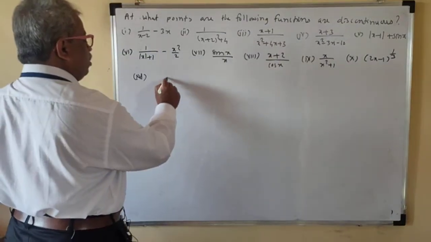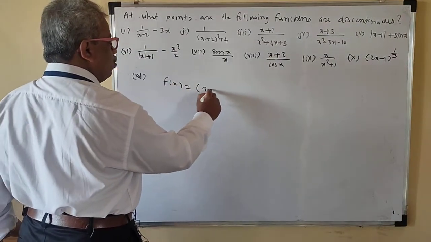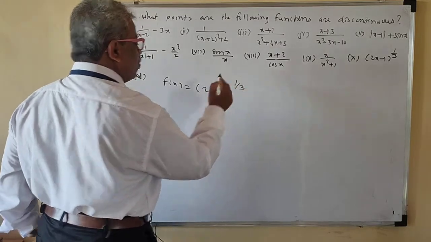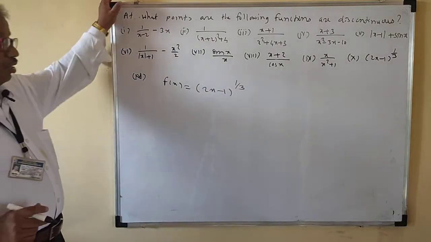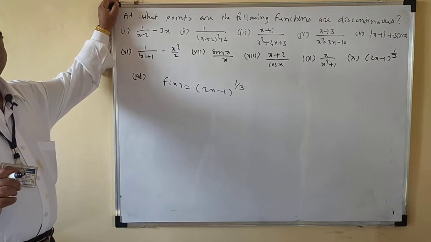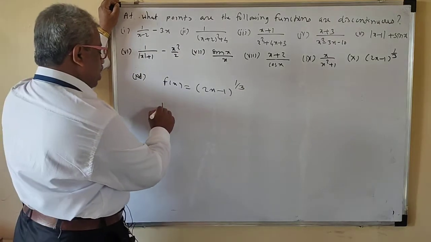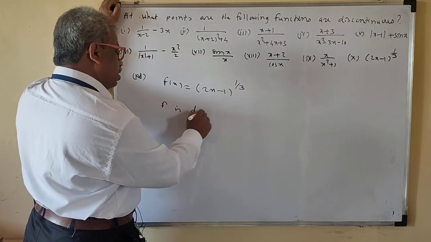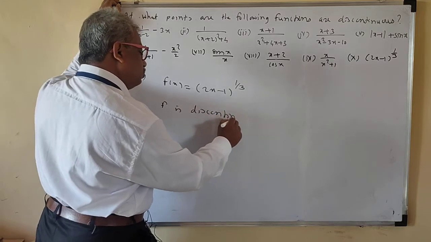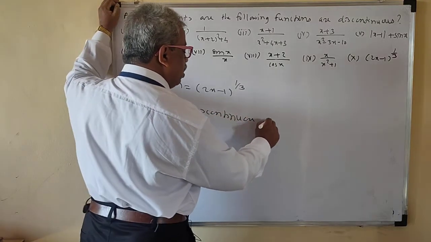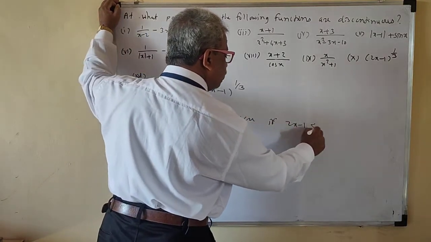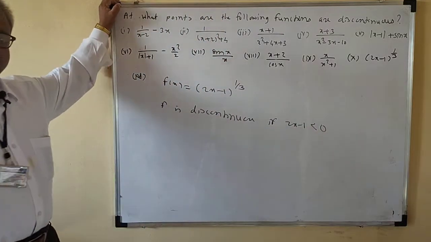Now next, f of x is equal to twice x minus 1 to the power 1 by 3. Okay. So power is fractional. So f is discontinuous if twice x minus 1 is less than 0.